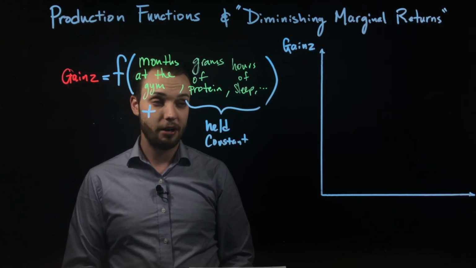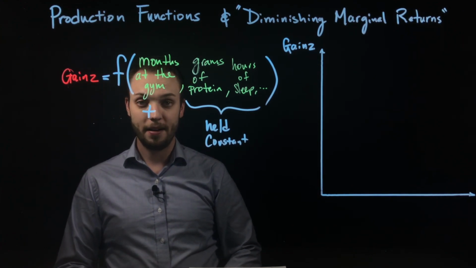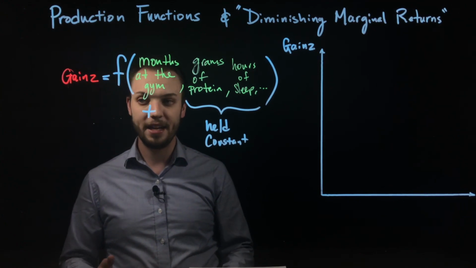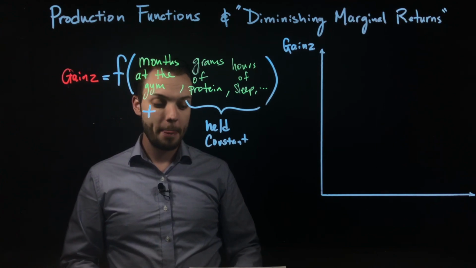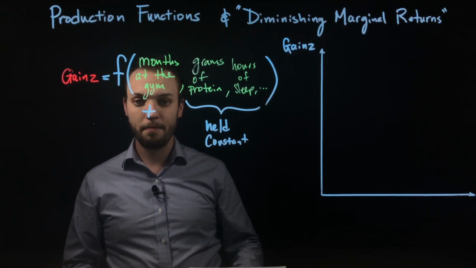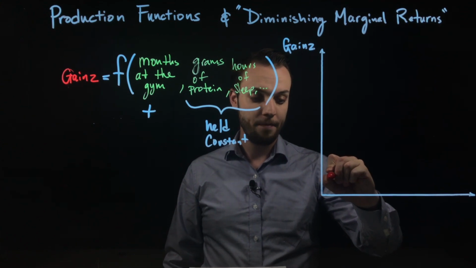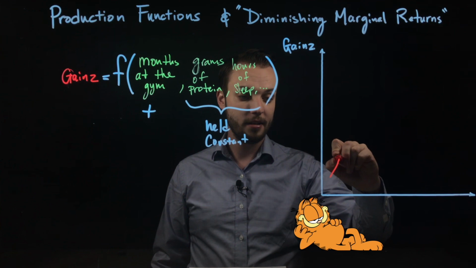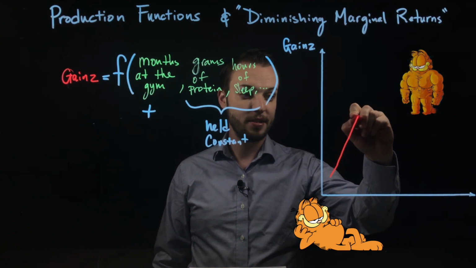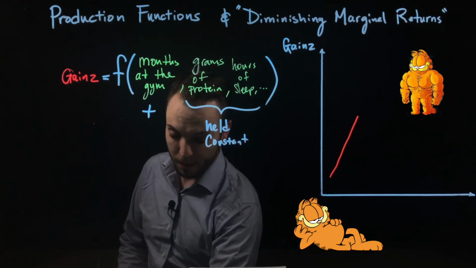We wouldn't necessarily think that this is a linear relationship, meaning that you always get the same amount of gains in muscle mass when you put an additional month at the gym. What we might expect is that there's some nonlinear relationship, such that initially you're seeing a lot of increases in muscle mass as you increase the number of months at the gym.